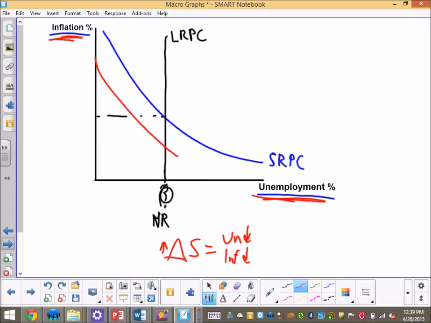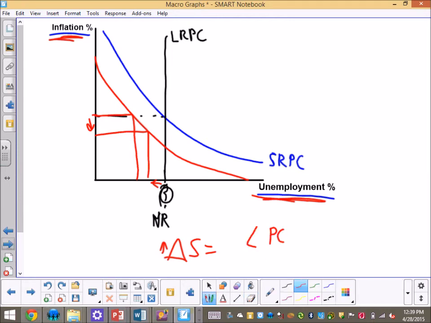Okay, so we need to draw a new line. So we can say, all right, now at this rate of inflation, we're going to have less unemployment. Or even at a lower rate, we would have less unemployment, and we could also have a lower price level. So changes in supply do what to the Phillips curve?